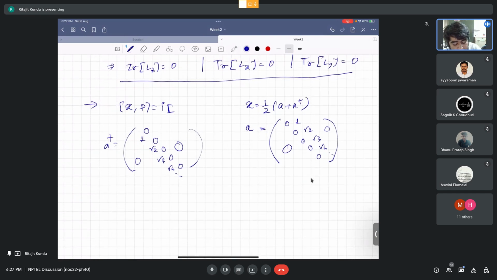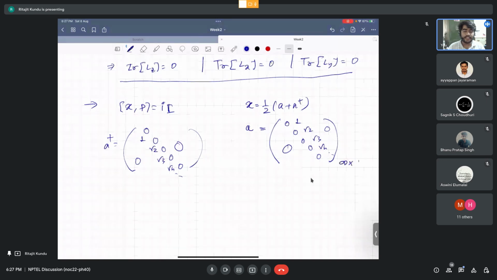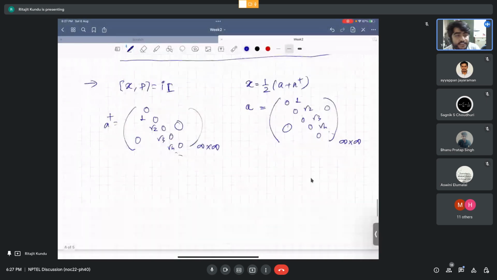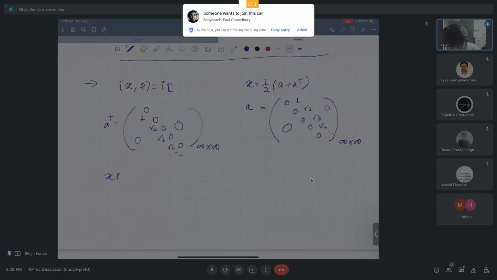So basically all of these matrices are infinite by infinite dimensional. You can use this expression of x, calculate the x operator and the p operator, multiply all of these matrices, and calculate the commutation.